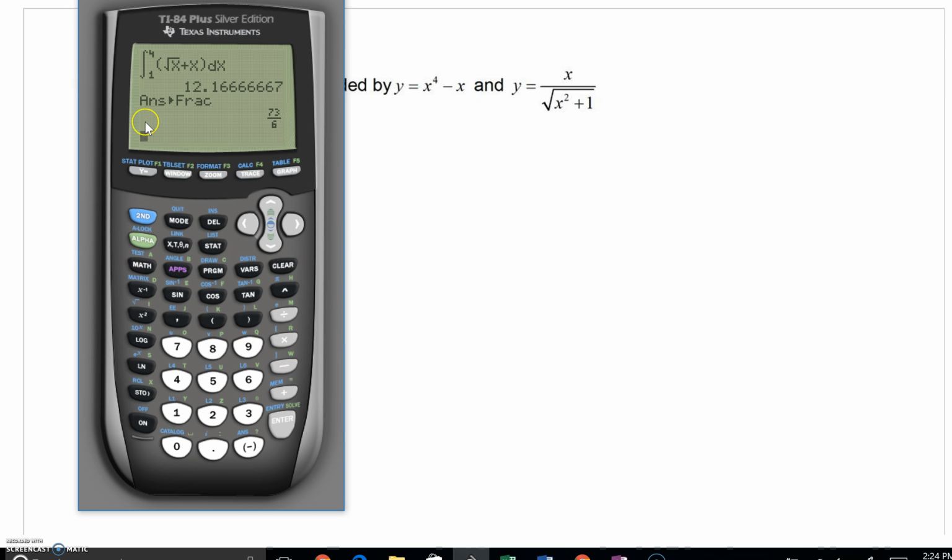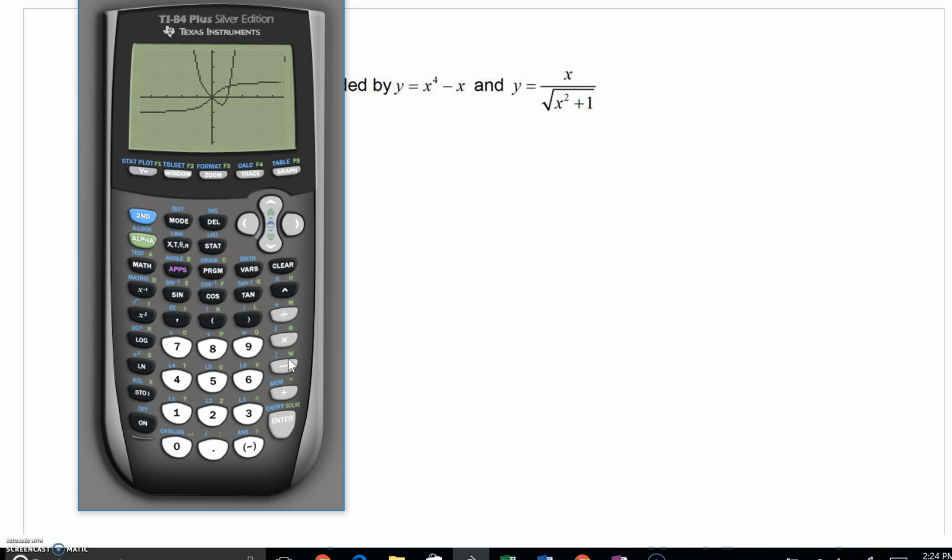As we graph this thing, and you can see that we actually graphed this in class, we typed in y1 was the first function, y2 was the second function. If you were to very quickly get the appropriate window, I think you'd see that Zoom 4 does the best trick here.